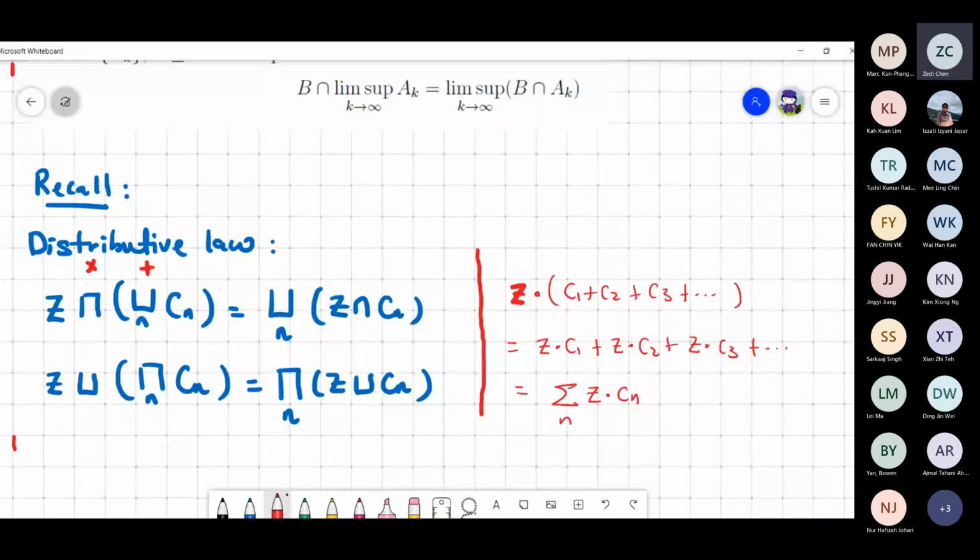You may have this kind of analogy here. So this is the first property that you can have.